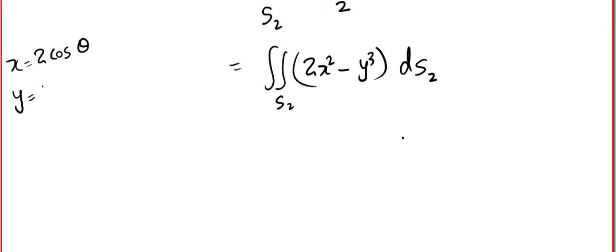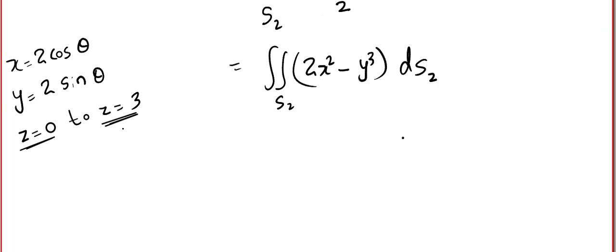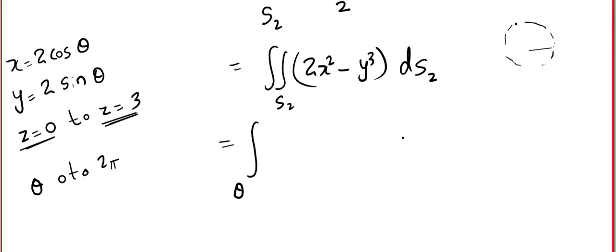It will be just like polar, but you have to additionally give the coordinates of the height. You know the cylinder varies from 0 to a height of 3, right? And remember theta varies from 0 to 2 pi. That is the only way you can cover the entire circle. Okay, so let's convert it. So we will have two variables. Theta varies from 0 to 2 pi and z varies from 0 to 3.